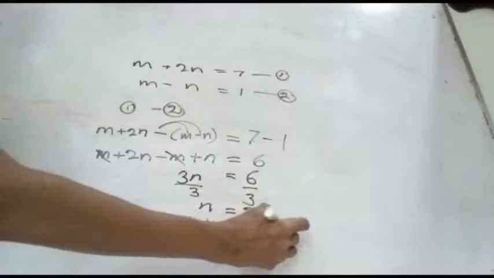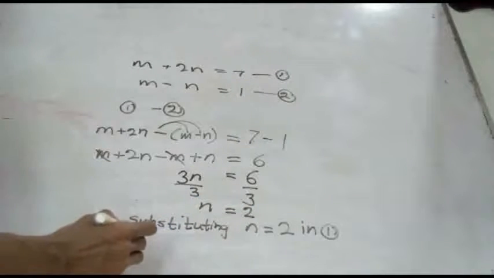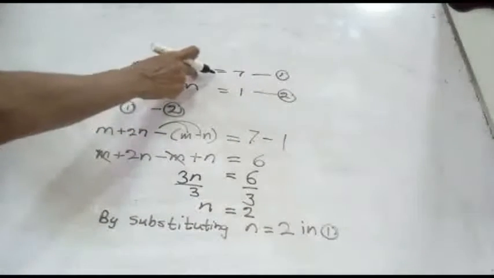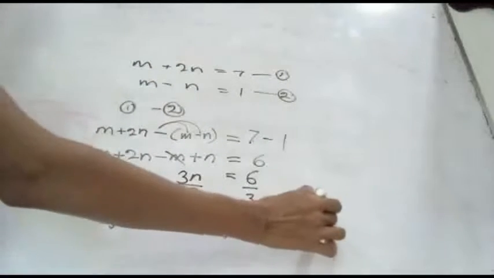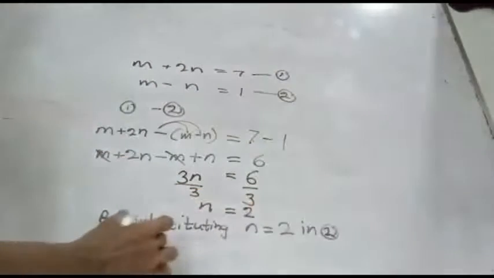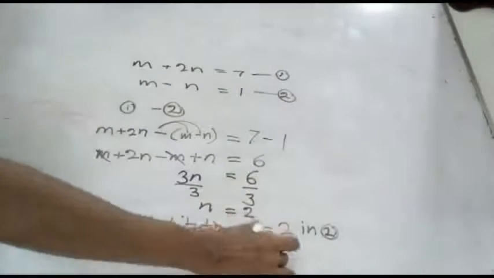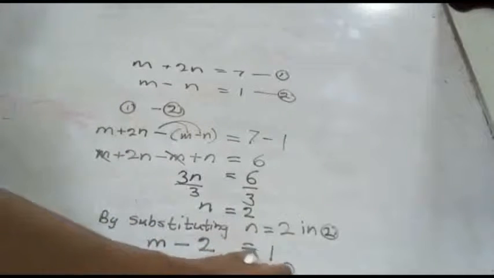By substituting n is equal to 2 in the second equation, m subtract 2 is equal to 1. m is equal to 1 plus 2, which is 3.